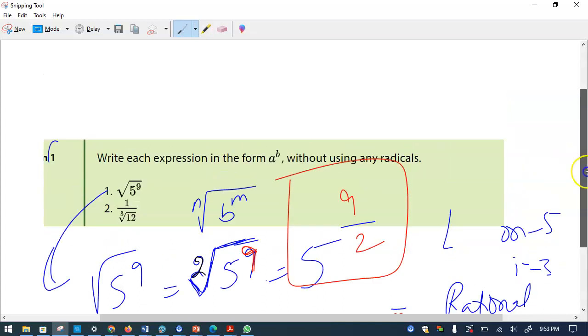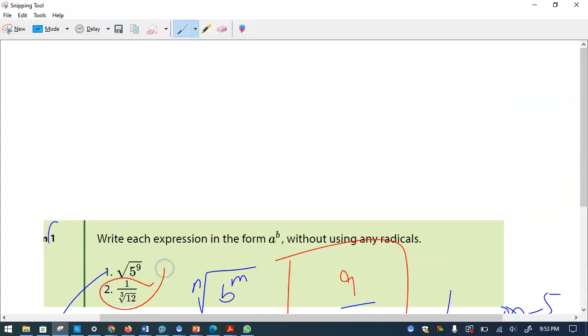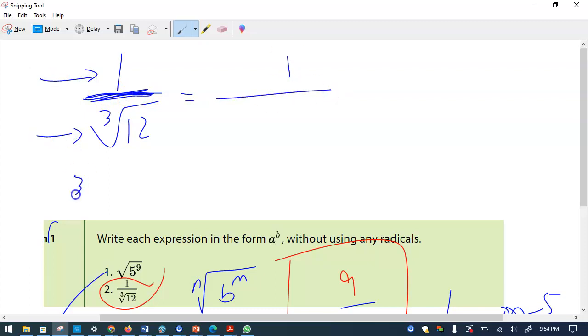If you see the second question, this one is 1 over the cube root of 12. First of all, we'll forget this part. There's a numerator and a denominator, and we'll work out only the denominator, that means the cube root of 12. It is the cube root of 12 raised to 1.